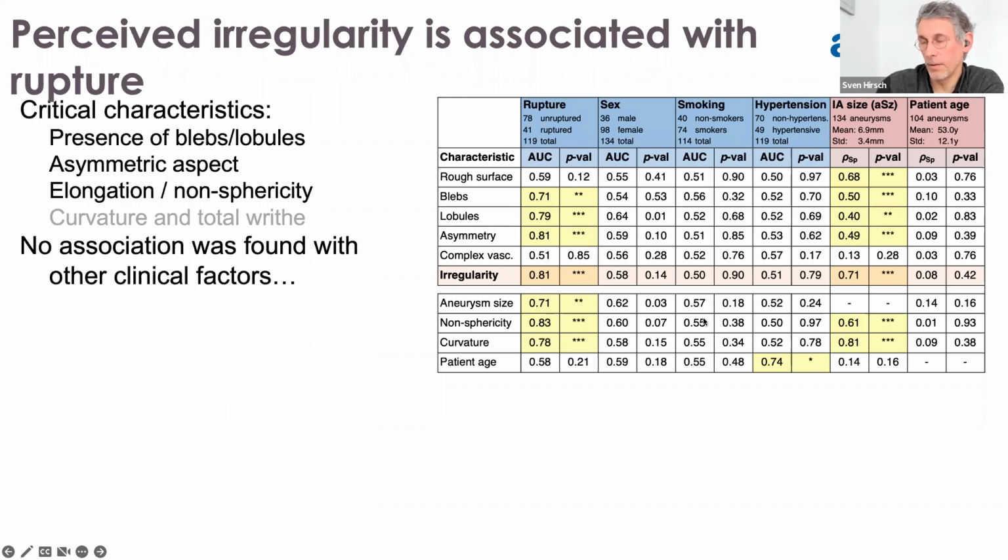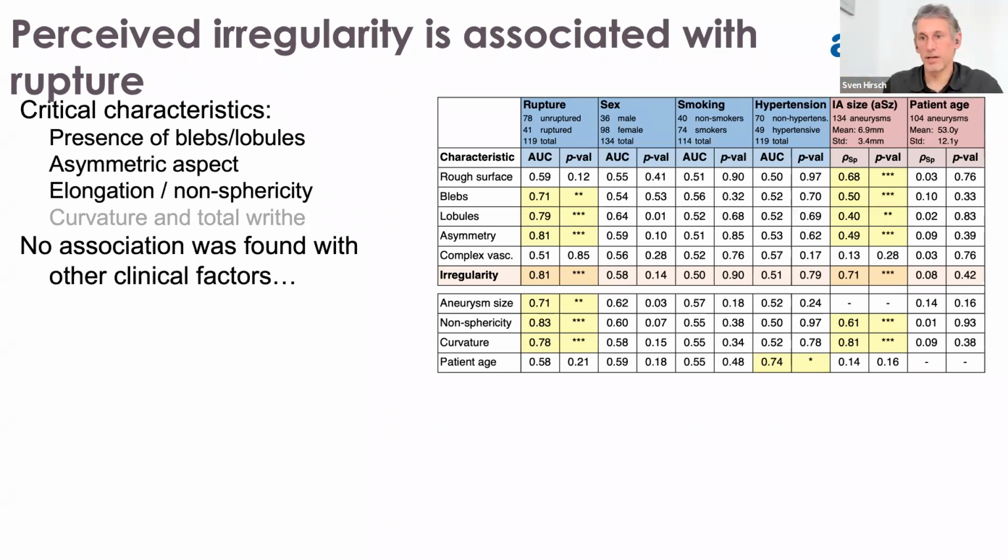So what you can see is that there are no real strong associations with the other factors, because it could also be that some blebs or lobules would be more significant for female or male. It could also be that tuberosity is more significant for smokers or not.